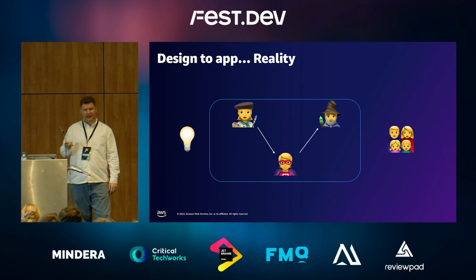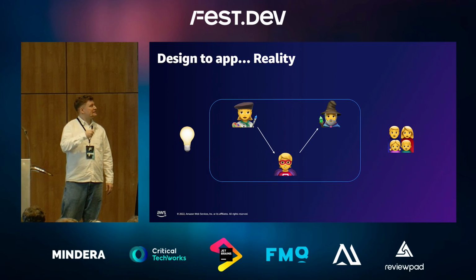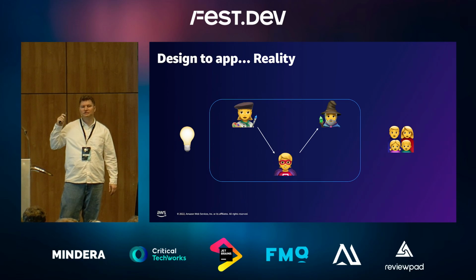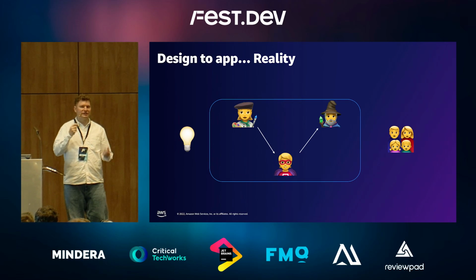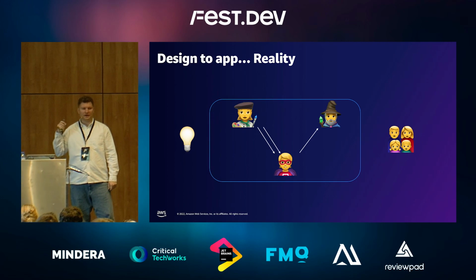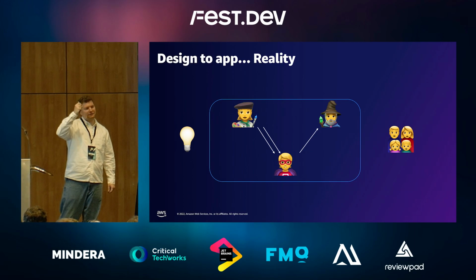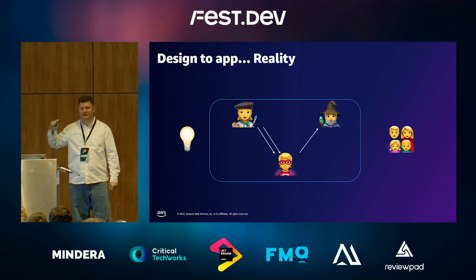And in reality, we still have the idea, front-end engineer, designer, back-end engineer, and our happy users. But what if we need to add something from the designer on the front end?